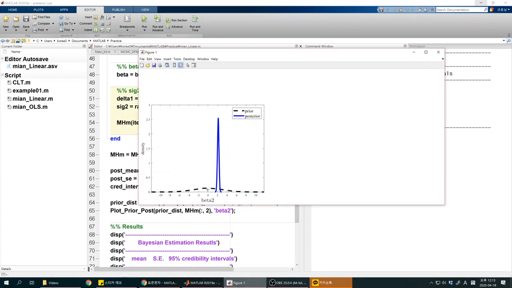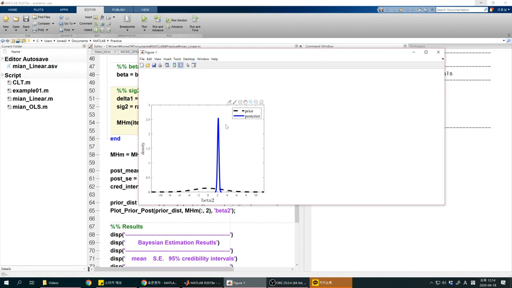So this is my prior information, my estimation results without using data. But once the data is incorporated, this must be the updated inference about beta 2. This is my estimation result.